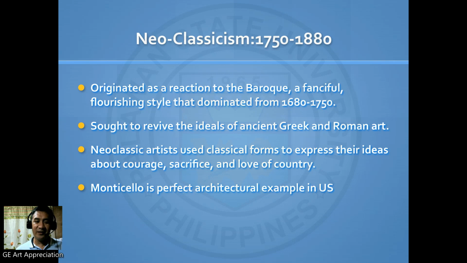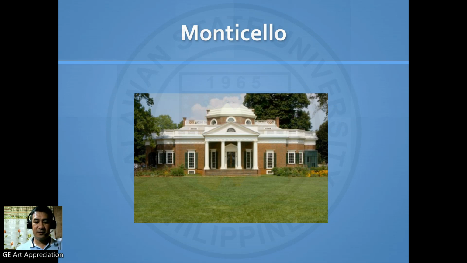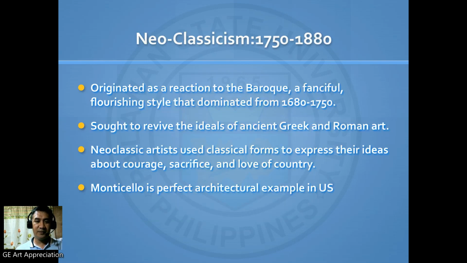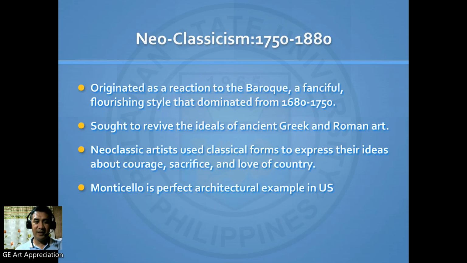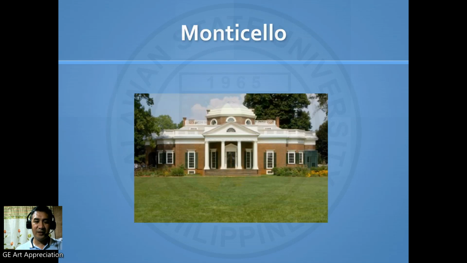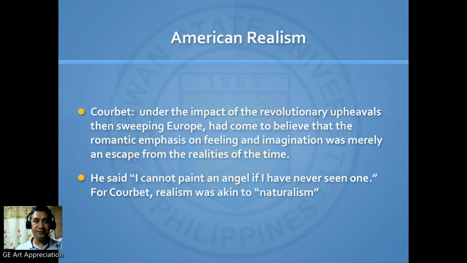Monticello is the perfect architectural example in the US. Let's take a look here. This is Monticello, the perfect architectural example in the US.